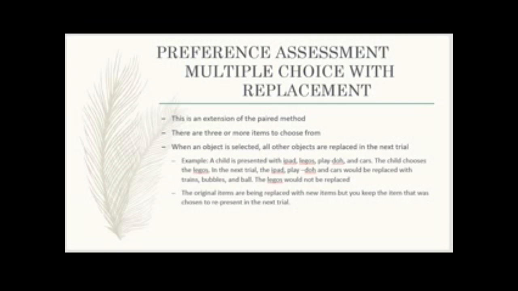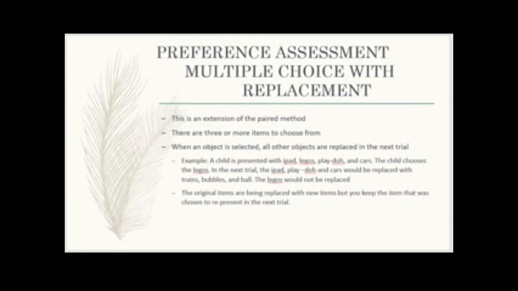So what I did is I changed all of the stimuli, right? So I no longer reintroduced the ball, the Play-Doh at all. So what I'm going to do is I'm going to introduce new objects and I'm going to return the trains back to the new line of choices.